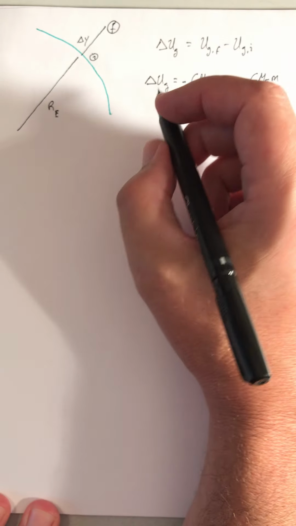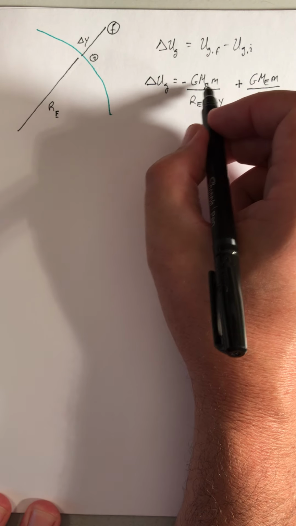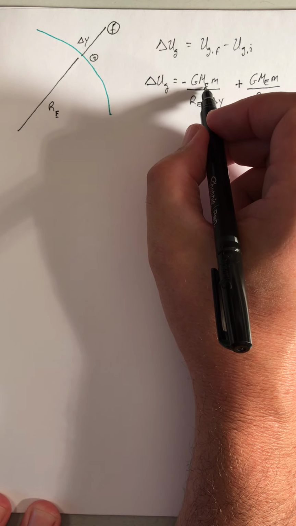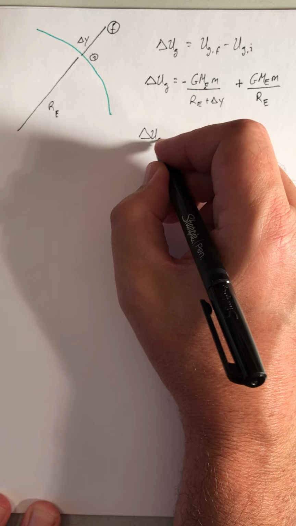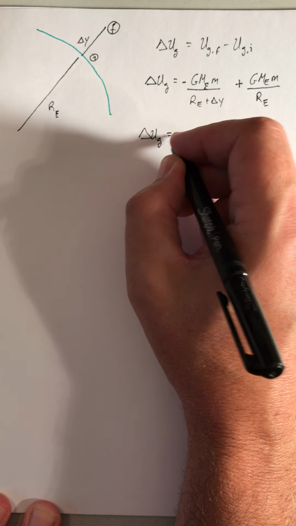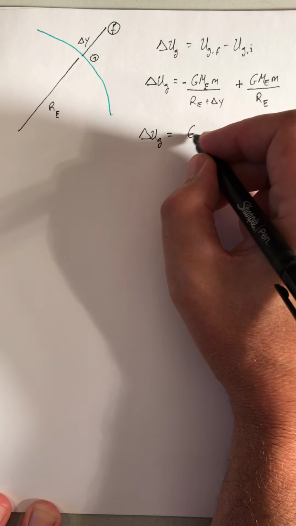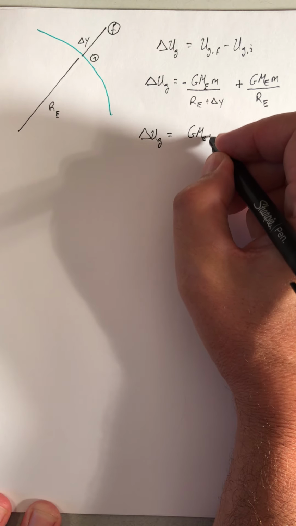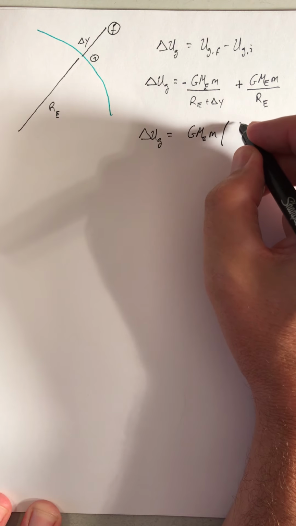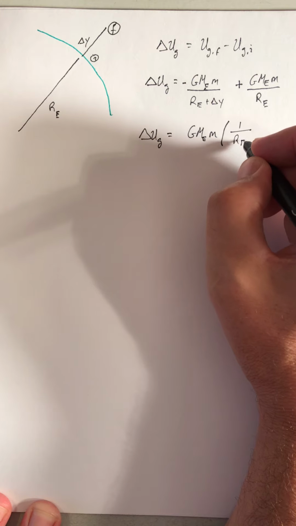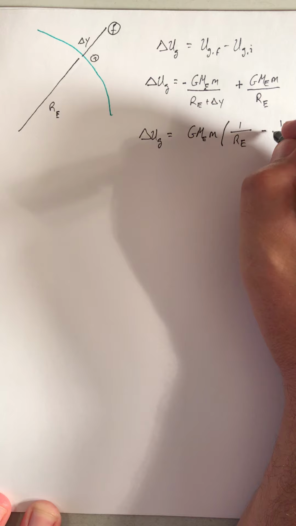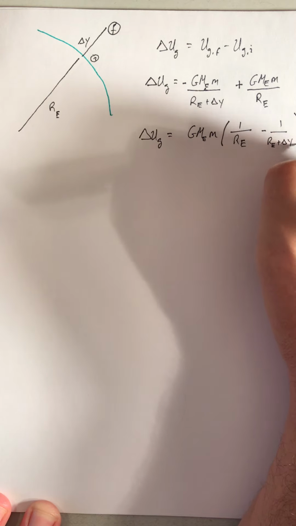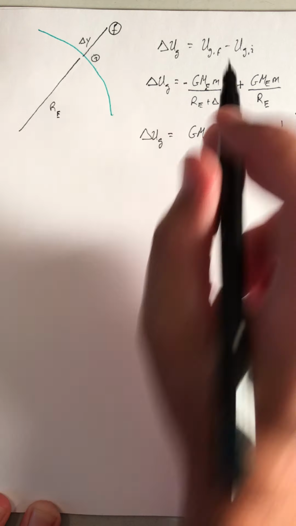I'm just going to factor that a little bit, pull out the constant of gravitation, mass of the Earth, and my mass. And then we'll start trying to get some insight. One over radius of the Earth from this term, and then minus 1 over radius of the Earth plus delta y from that term.